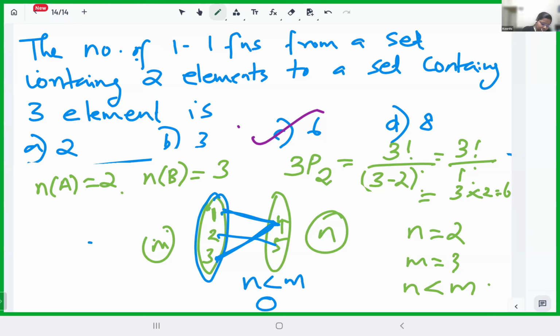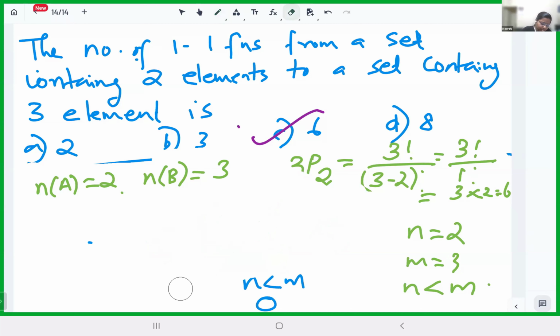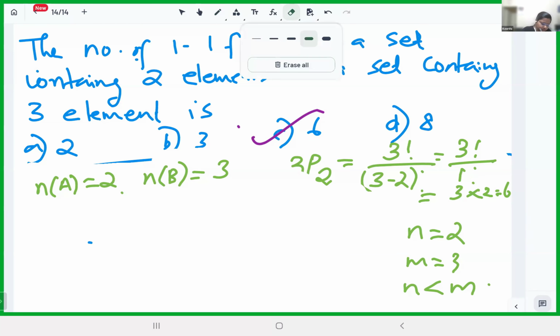All right. Now what happens if both sets contain the same number of elements? That is also a question, right? Then also that formula applies: if n is greater than or equal to m, we have learned that the formula is nothing but nPm.